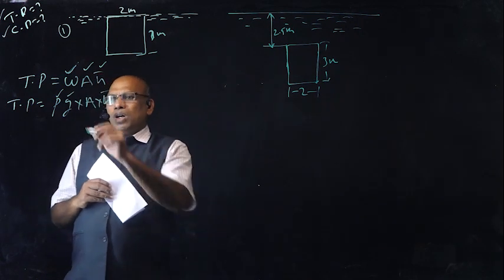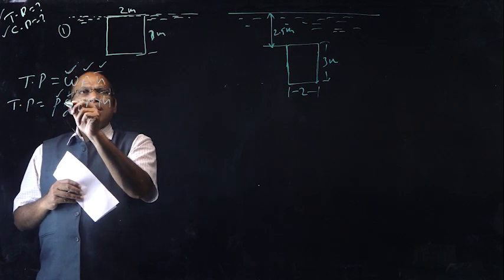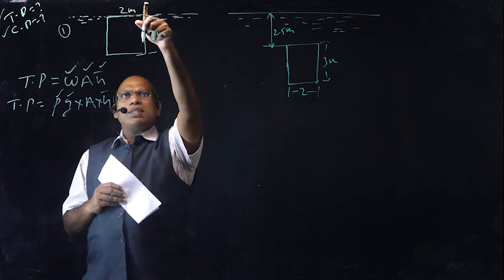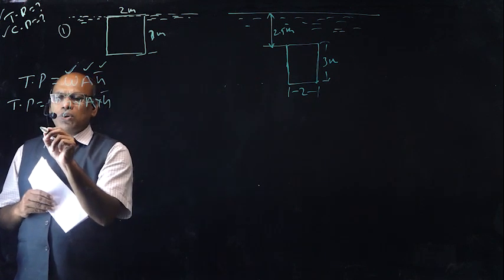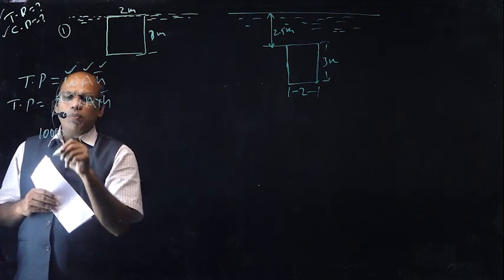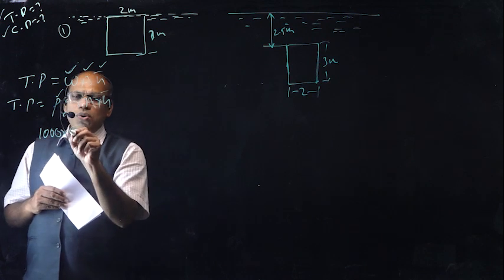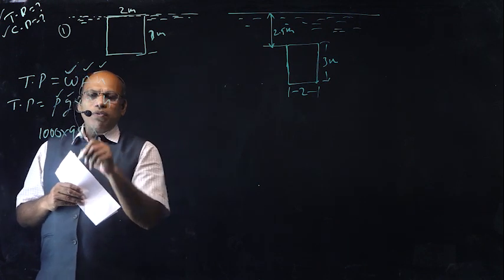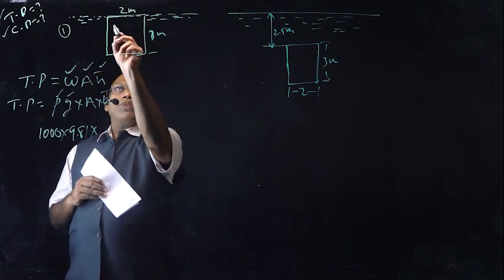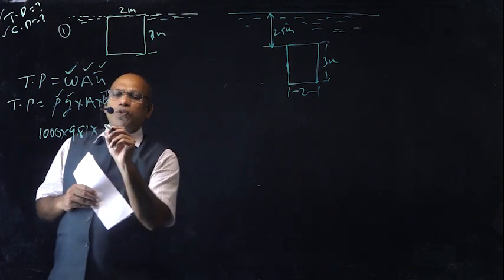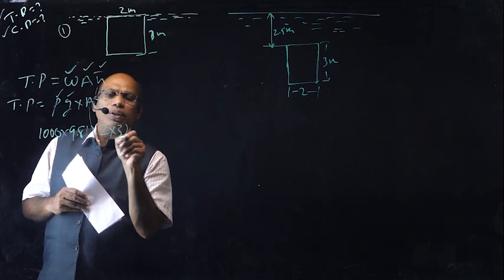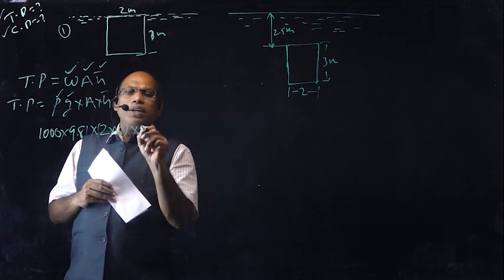Right? This body is immersed in water. Therefore, rho is equal to 1000 kg per meter cube, into g value 9.81, into area, 2 meters width and 3 meters depth, therefore area is equal to 2 into 3, into H bar.